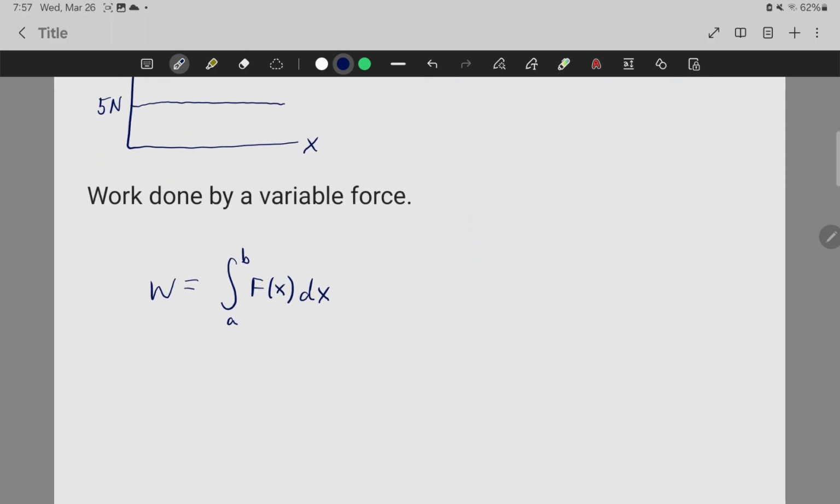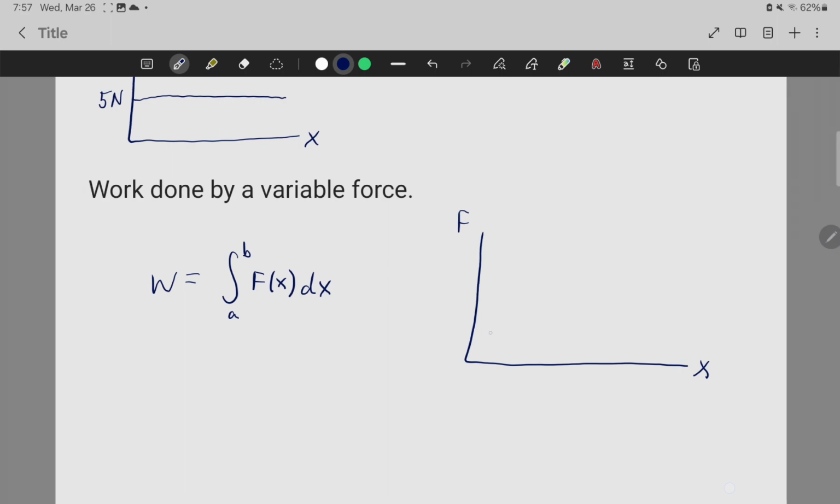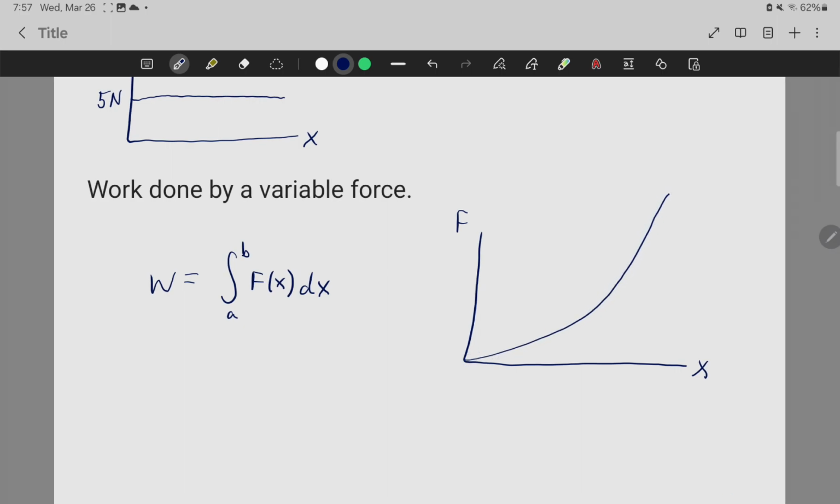But what if x is on the x-axis, so distance, and force is on the y-axis, and the force behaved something like this? Now f is a function of x, and depending on the value of x, f will change. So let's do an example.